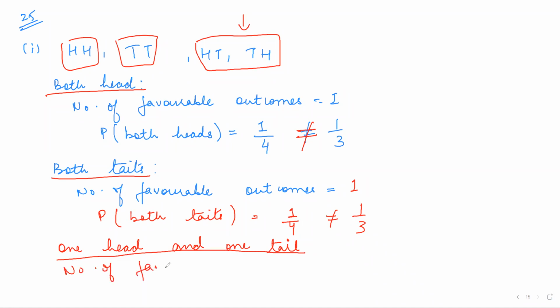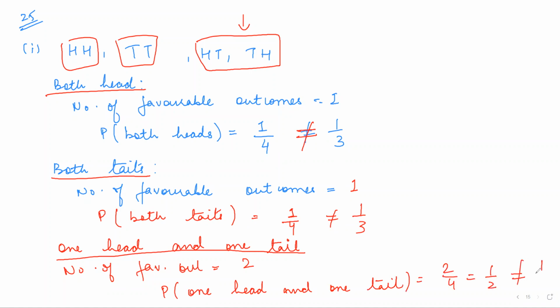So the number of favorable outcomes in this case is 2. So the probability of one head and one tail will be 2/4, which is 1/2, which is again not equal to 1/3. So we say, therefore, the argument is incorrect.